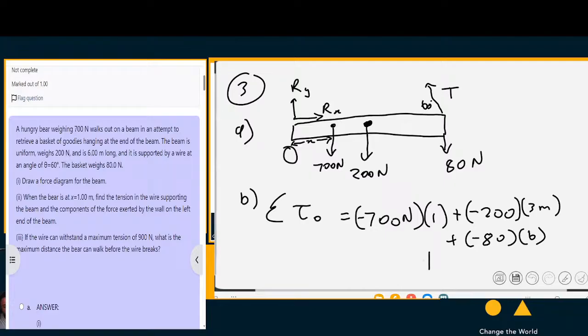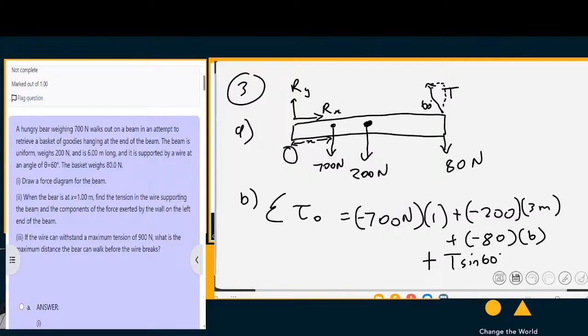And then plus the torque going in the opposite direction. The tension is not vertical, so we need to calculate the vertical component of the torque there. The vertical component will be with the sine of 60 degrees, with the opposite sign.